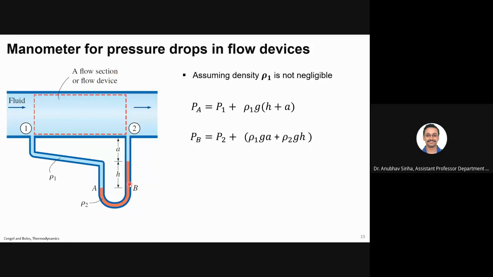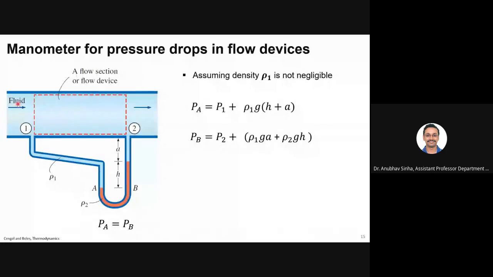Fine. Now, any question? Sir, pressure equal to rho GH can even be applied in flowing liquids. We'll come to that. Right now, we're talking about only static fluid.